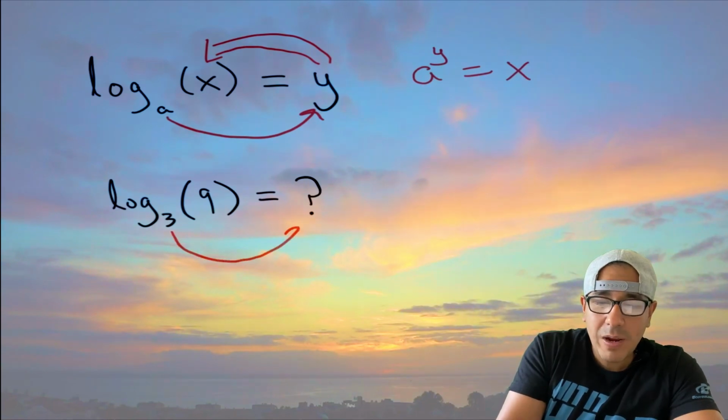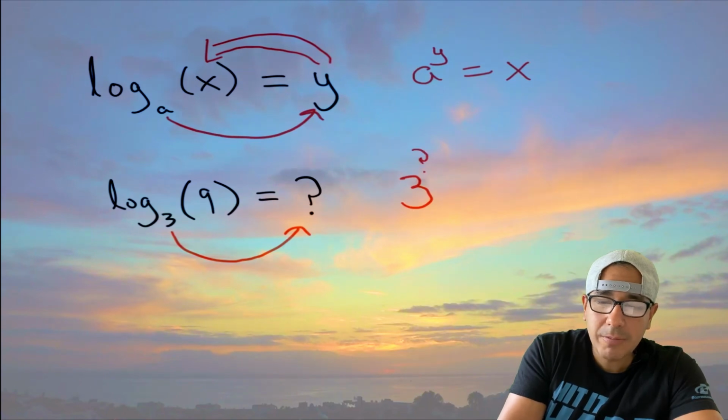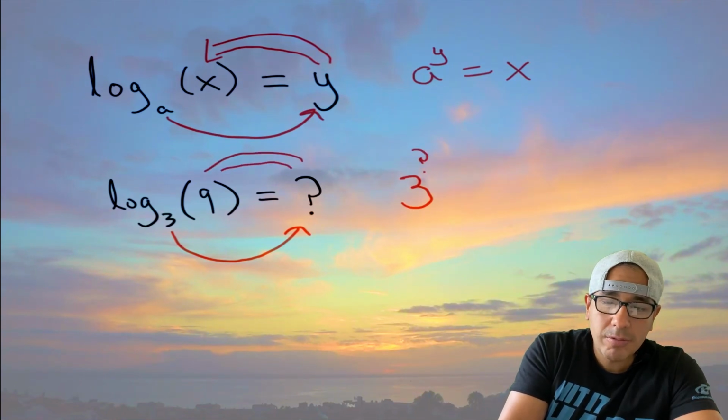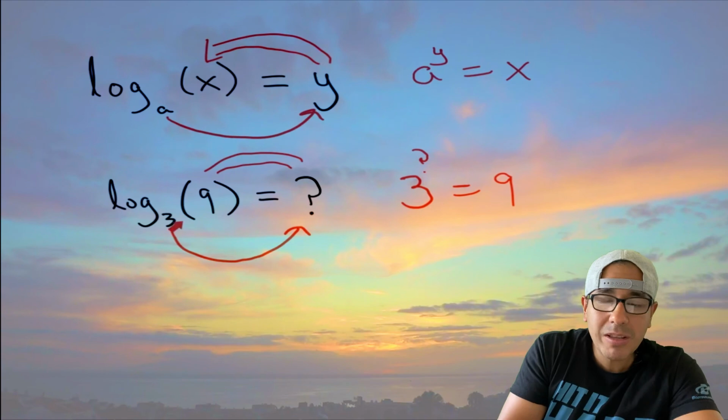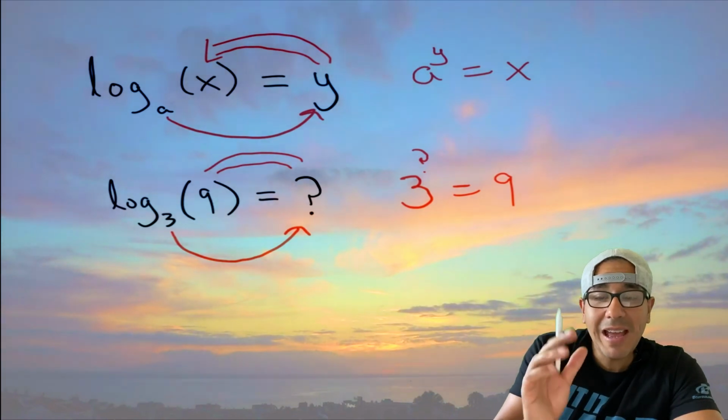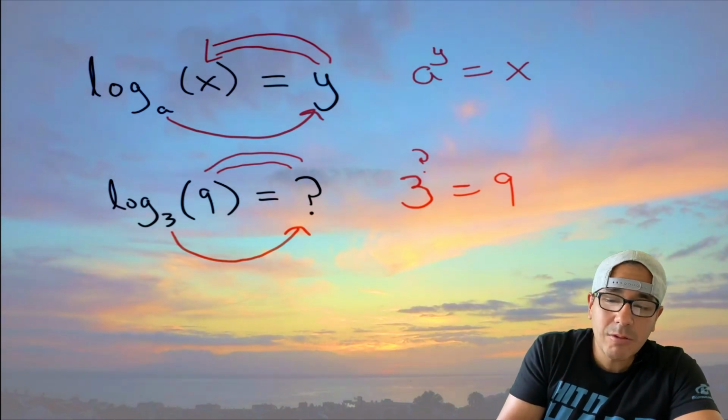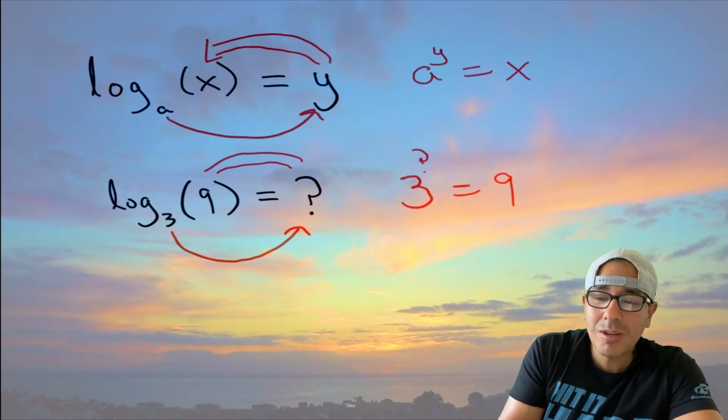That's gonna equal x. So here, I'm gonna use that same thing. So 3 raised to some power is going to equal 9, because what we stated earlier is that this logarithm represents an exponent. So we're looking for the exponent. 3 raised to what exponent is gonna equal 9?